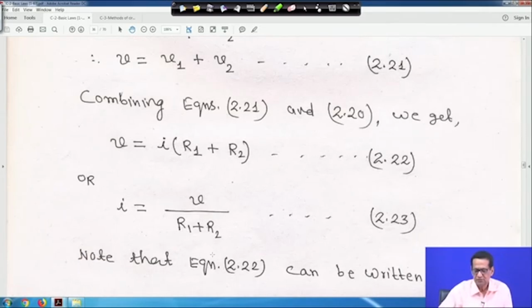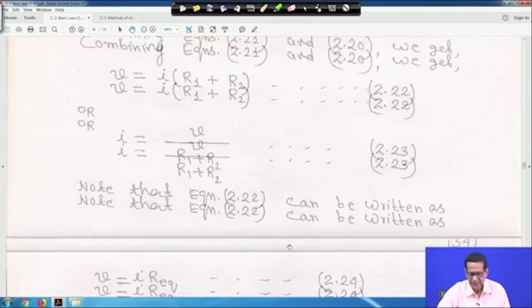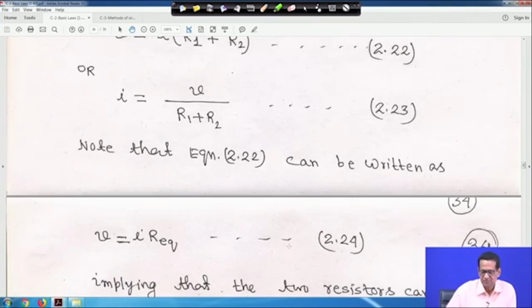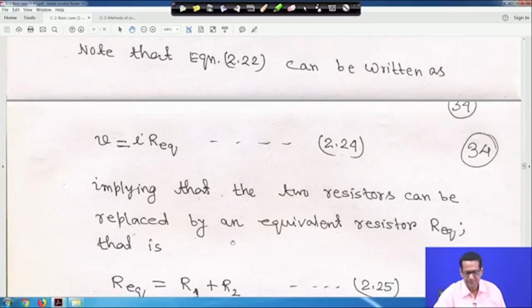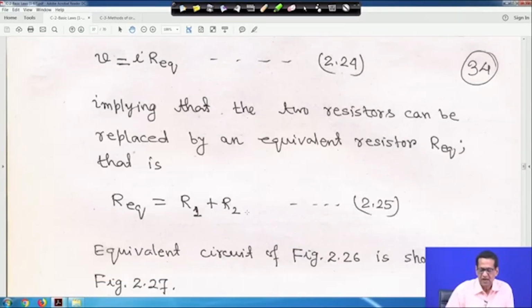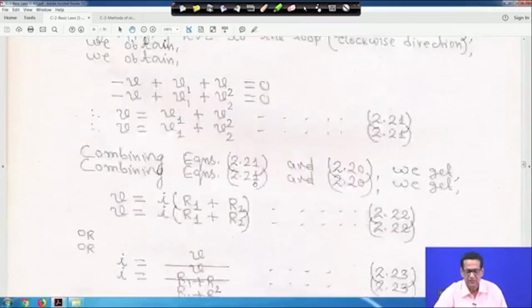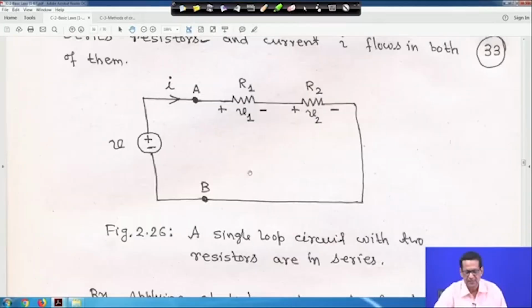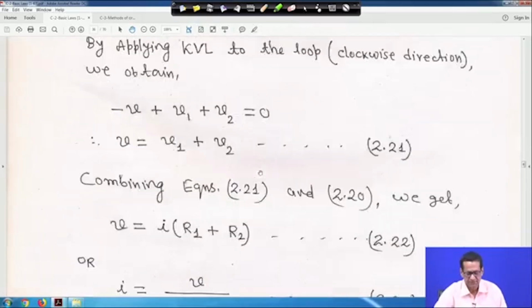So, that means equation 22 can be written as V is equal to I into Req, that is equivalent resistance. Req is equal to R1 plus R2, right, implying that the resistors can be replaced by an equivalent resistor Req. So, Req is equal to R1 plus R2, this is equation 25. The equivalent circuit of figure 2.2, that is figure 26, is this one, right.